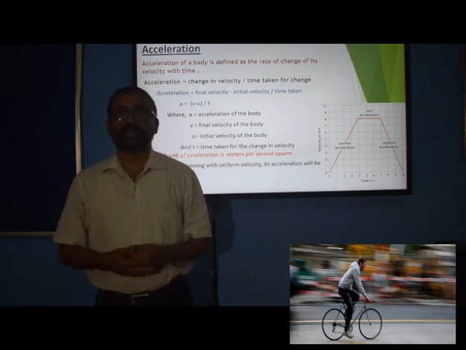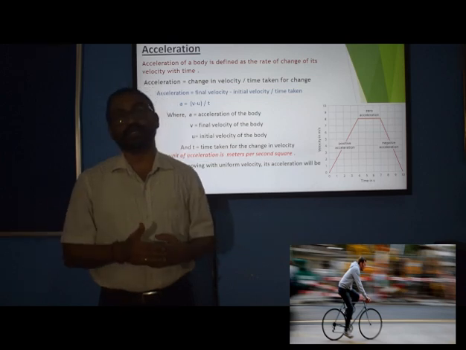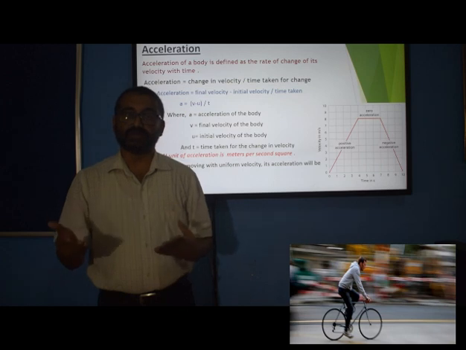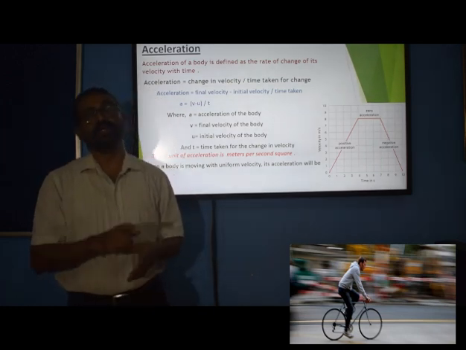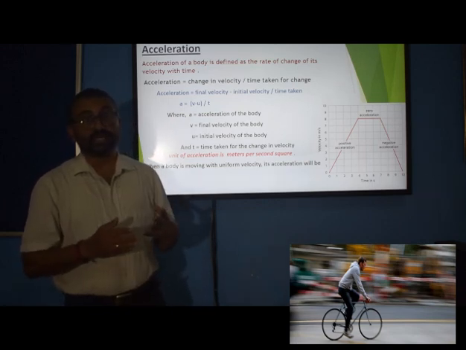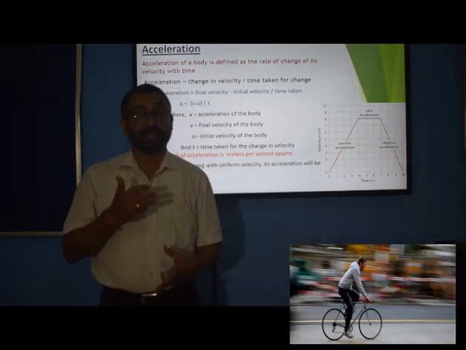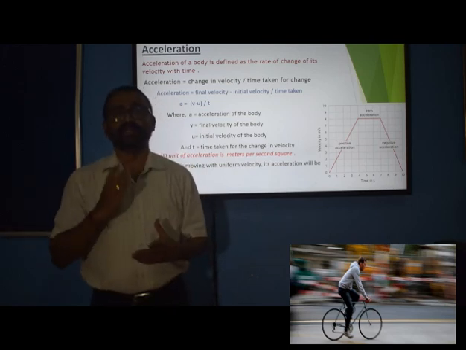Let's recap once again. Distance is the total path length and displacement is the shortest path. Speed is the total distance covered in unit time and velocity is the displacement in unit time. Displacement can be less than distance. Displacement can even be 0 even if there is a distance.